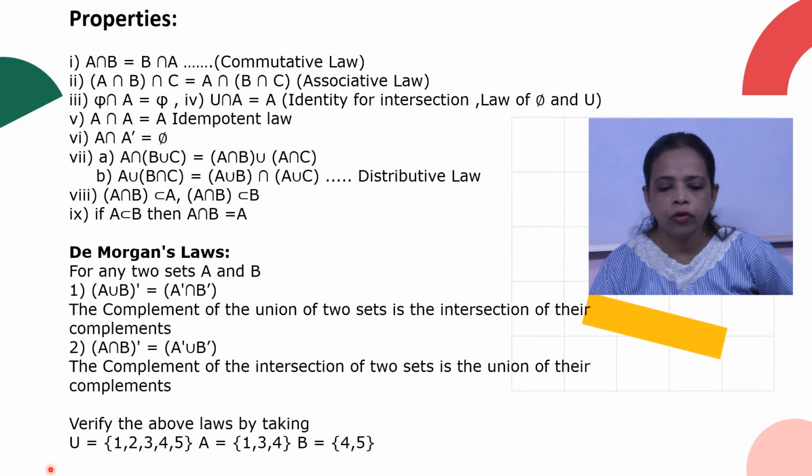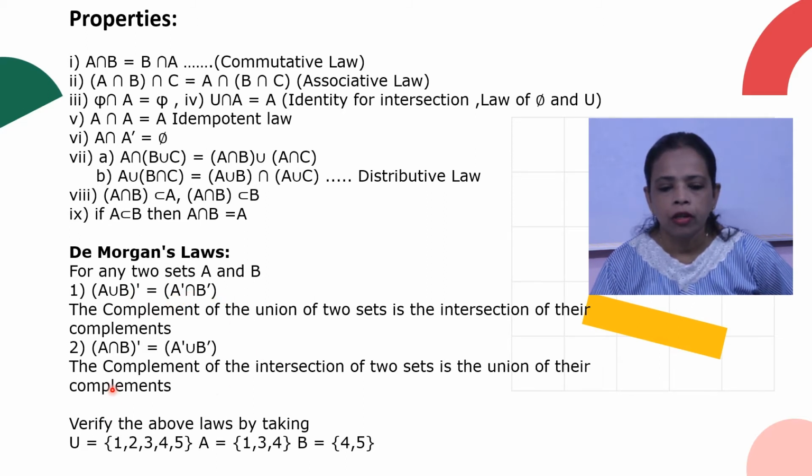Now, it is time to explain De Morgan's law. For any two sets A and B, the complement of the union of two sets is always the intersection of their complements. Mathematically, if we take two sets A and B, then (A union B) complement equal to A complement intersection B complement.